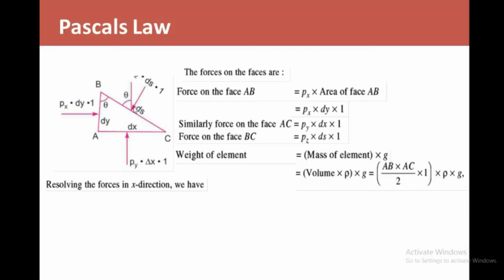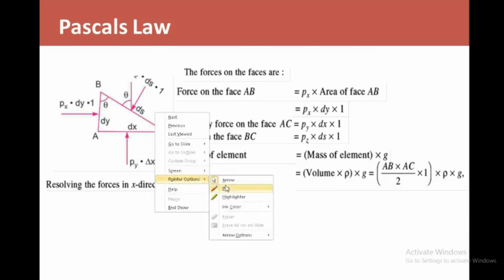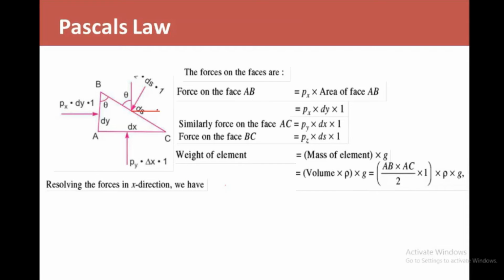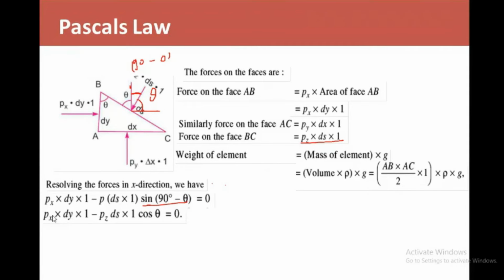This angle is theta and this angle is also theta by geometry. So you resolve the force pz into ds into 1, and that resolved component will be cos theta, since sin of 90 minus theta is simply cos theta. So it is px into dy into 1 minus pz into ds into 1 into cos theta. So you can call this some equation.